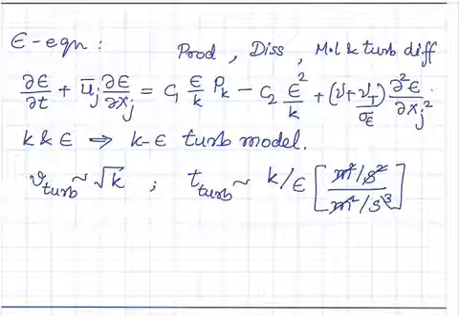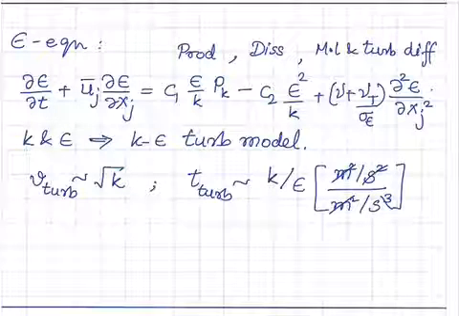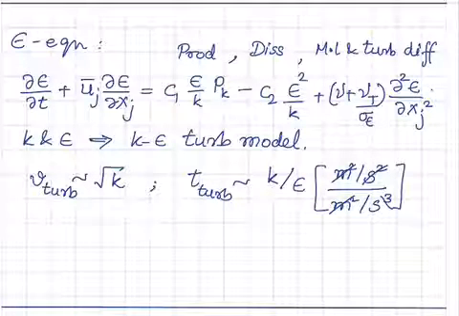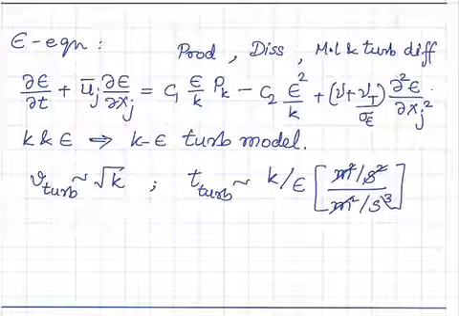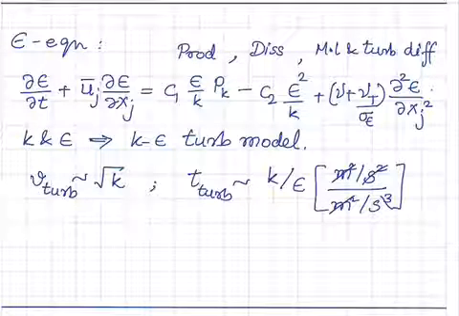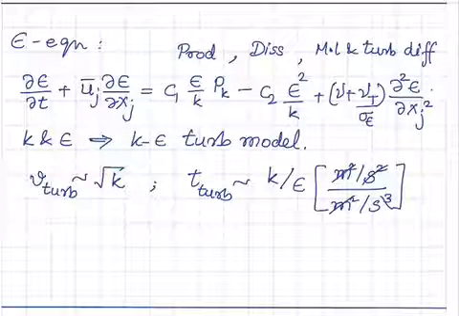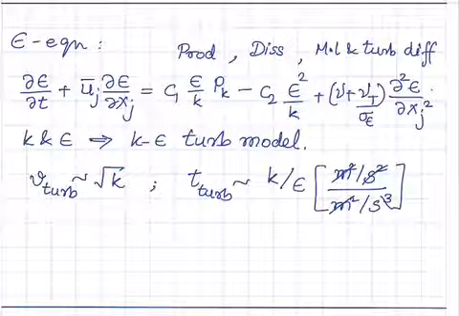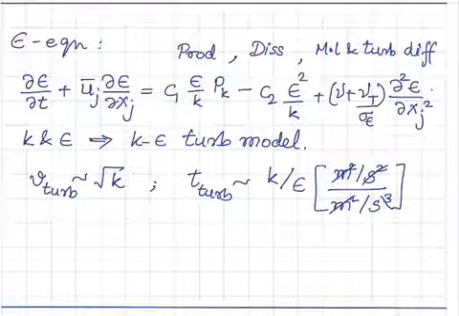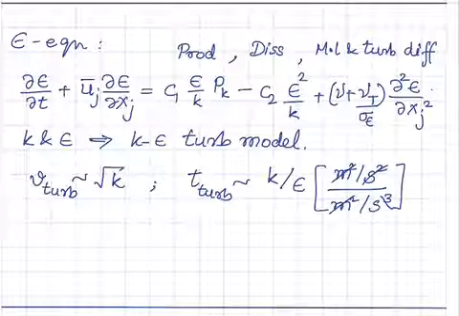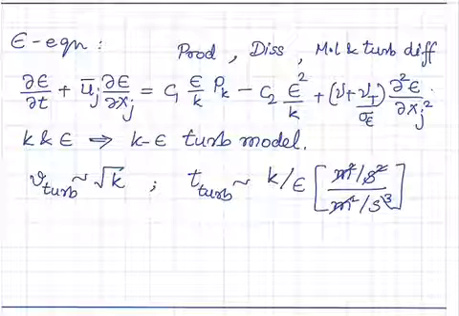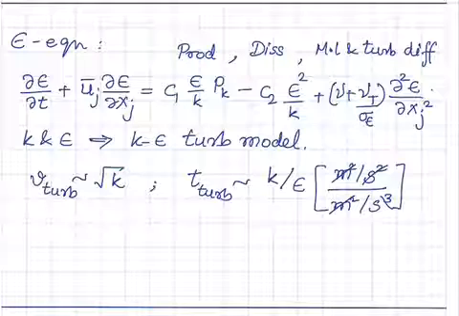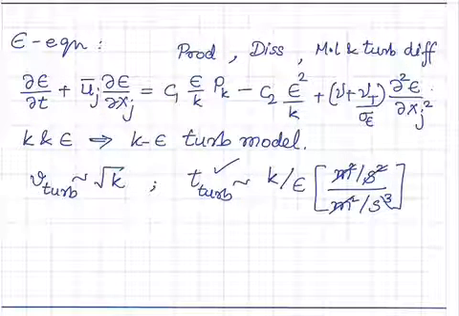Once again, this is more like a dimensional argument, and there is a bit of physical analogy involved, which we will leave out as detail. We can read up in the reference books and we can discuss separately. But the turbulent time scale, the time the turbulent eddies and vortices take to make one rotation, is approximately given by the turbulent time scale k by epsilon.